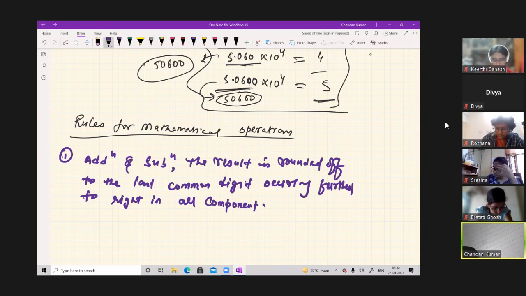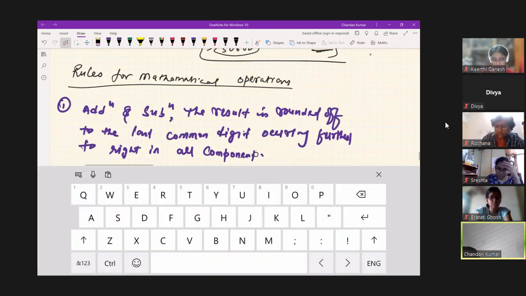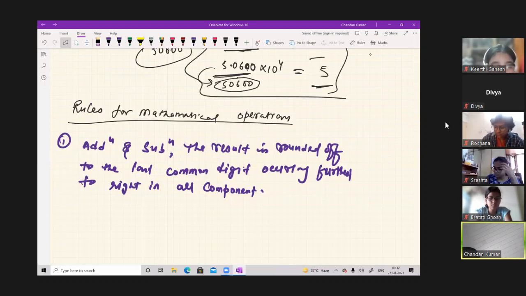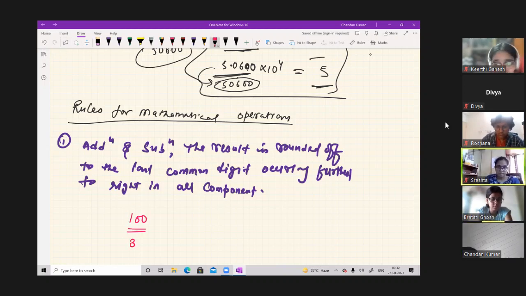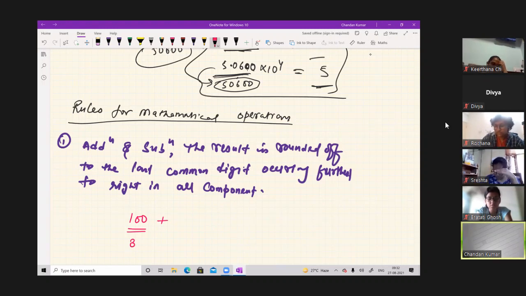Now I'm showing you something. We have 100, assuming maximum significant figures which can be 3, right? Add 24.643. How much will it become? 124.643, right?